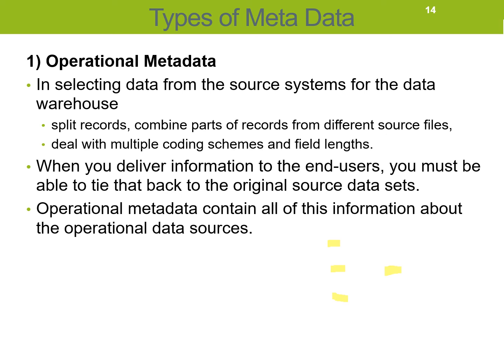What columns are taken from this operational system, and with what columns from the other operational system are they combined? So operational metadata contains all this information about the operational data sources.